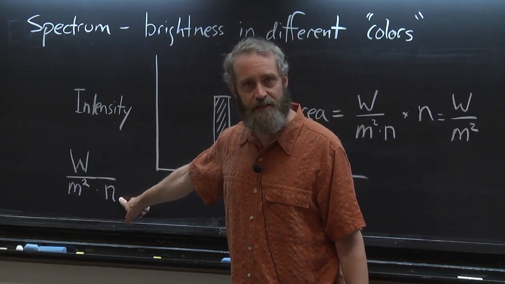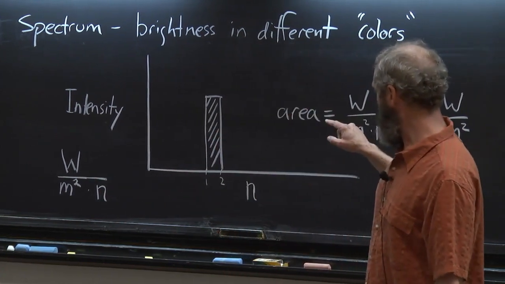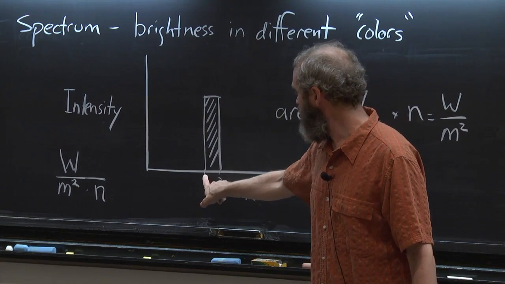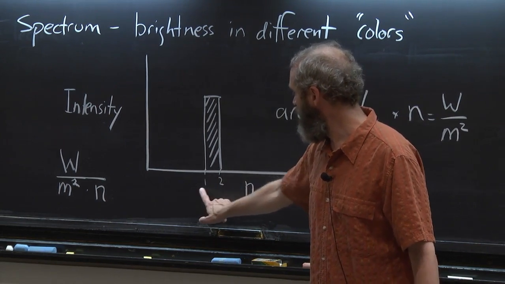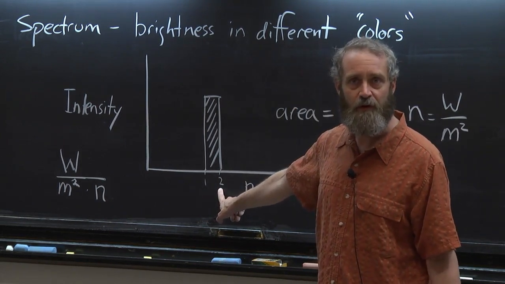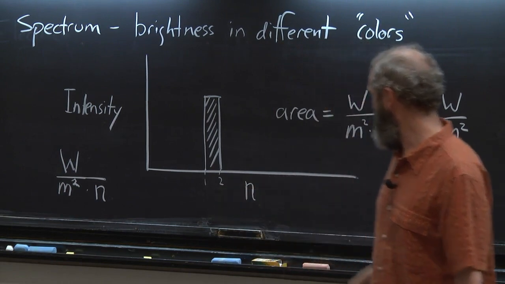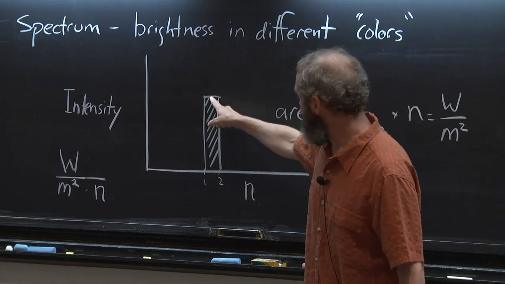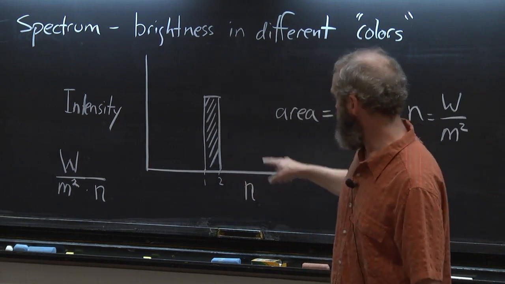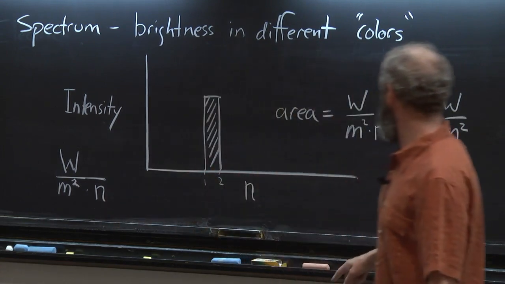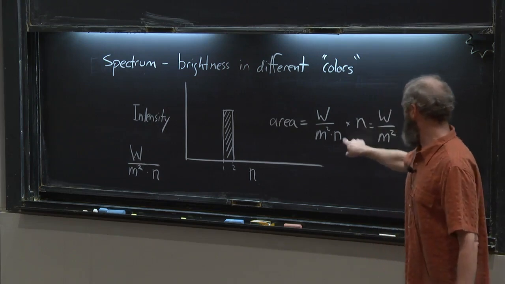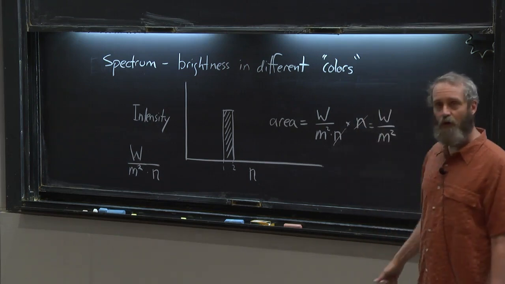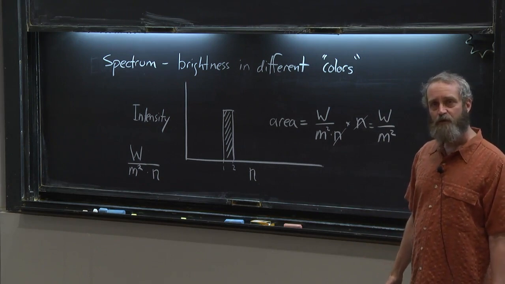And the reason why that's done is because that way, if you have a range of light color, say between 1 and 2 wave number units, 1 and 2 waves per centimeter, for example, then the area under this curve is going to be equal to watts per meter squared per n times n, and the n's will cancel, leaving us just with a total of watts per square meter.